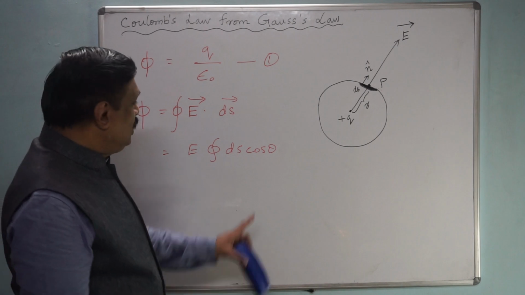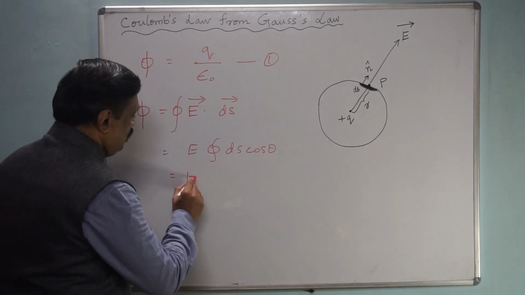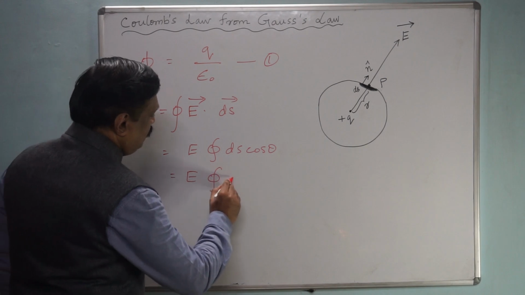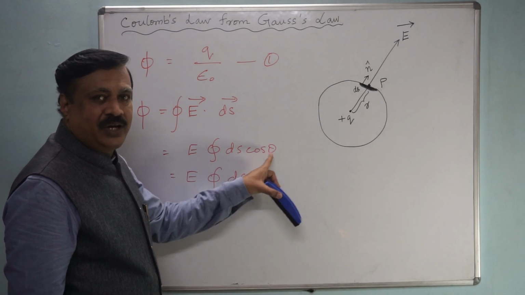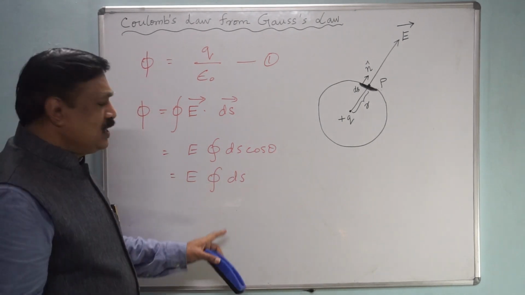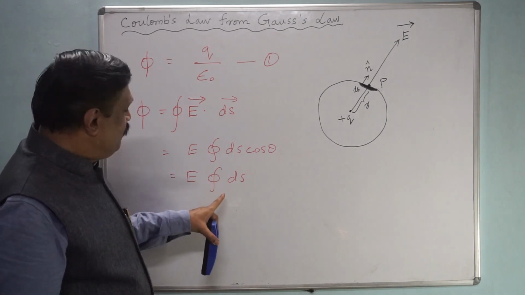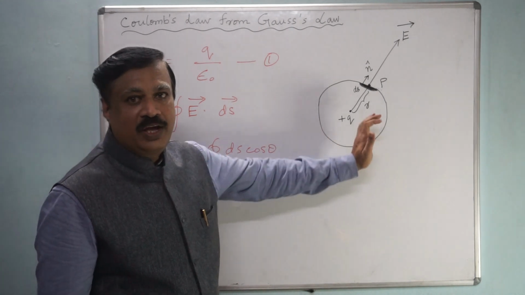If theta equals 0, cos theta equals 1, and you will get E surface integral ds only. Now you can substitute this value.